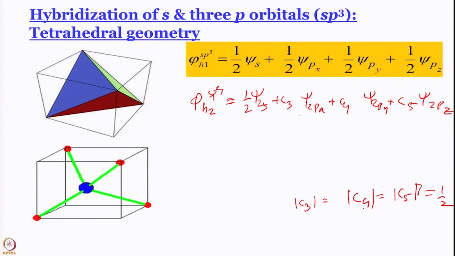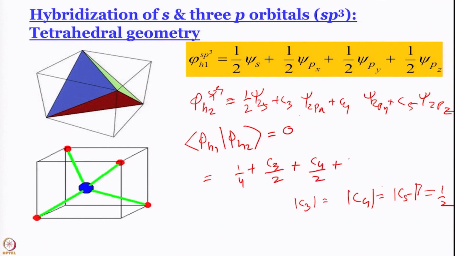What the other thing that I can do is I can take this integral phi h1 phi h2 is equal to 0, which means 1/4 plus C3 by 2 plus C4 by 2 plus C5 by 2 equal to 0.